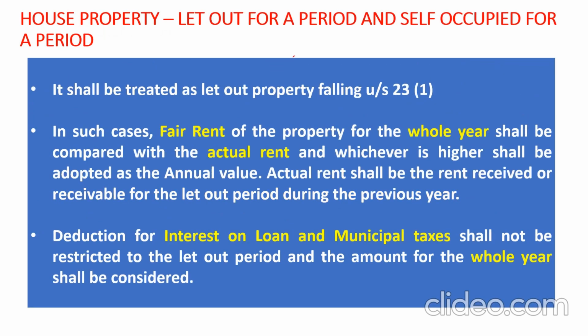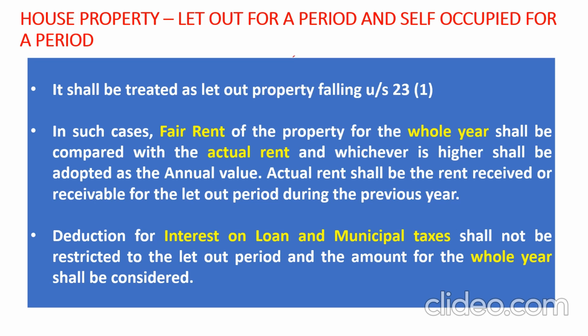Let's take a special situation where a property is let out for a period and self-occupied for a period. Now, if that be the case, let's take 9 months it is let out, 3 months it is self-occupied, then it shall be treated as a let out property under 23(1). In such cases, the fair rent of the property for the whole year shall be compared with the actual rent, and whichever is higher shall be adopted as the annual value.